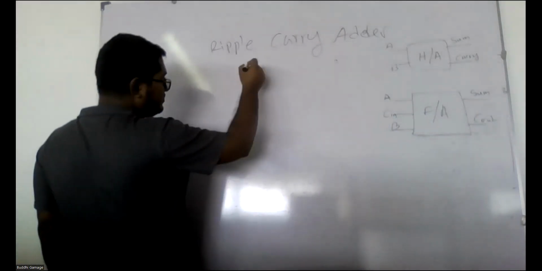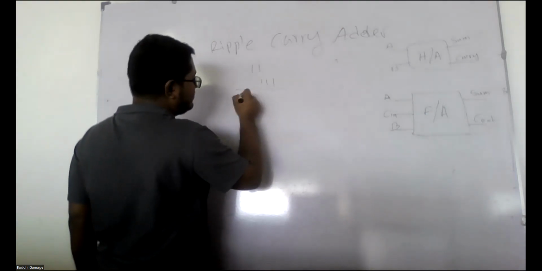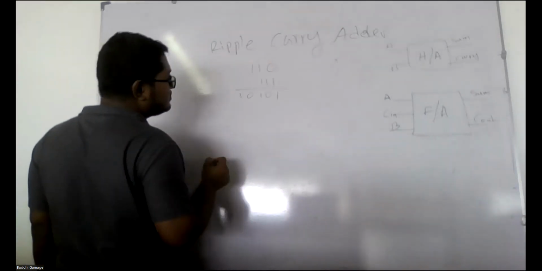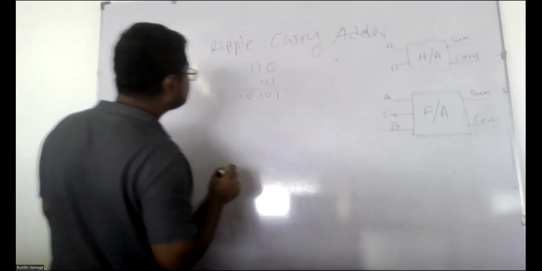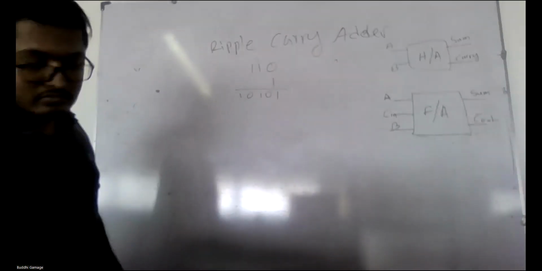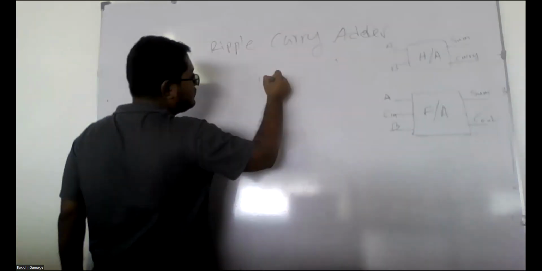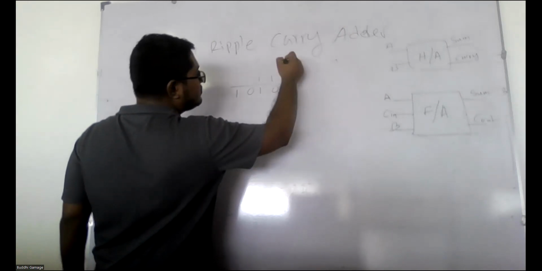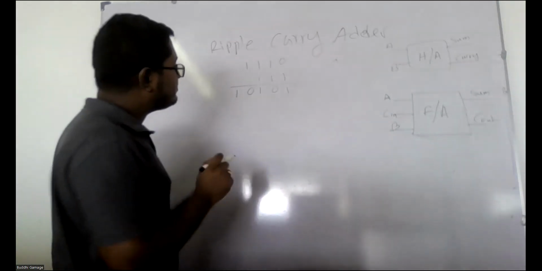Right. So let's consider our problem again. So it's 1, 1, 1, 1, 0, 1, 0, 1. And this is the problem.